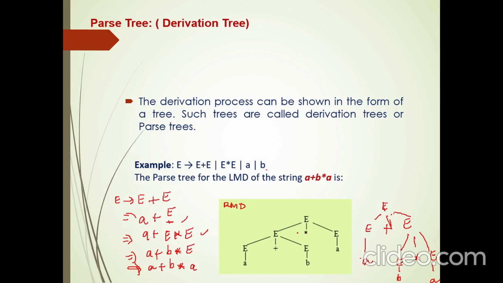I have taken here star first, then plus. This parse tree is based on the RMD of the derivation, and what I have constructed here is based on the LMD of the derivation.